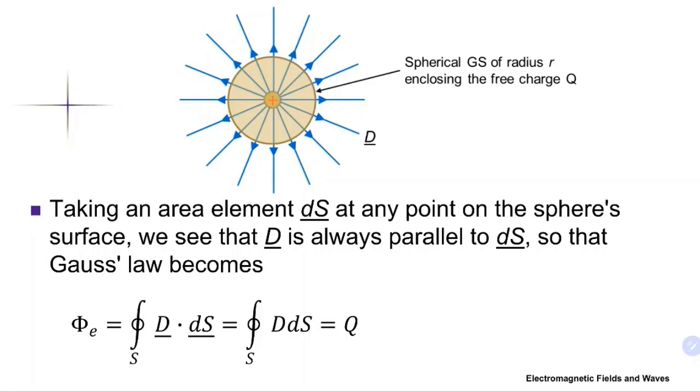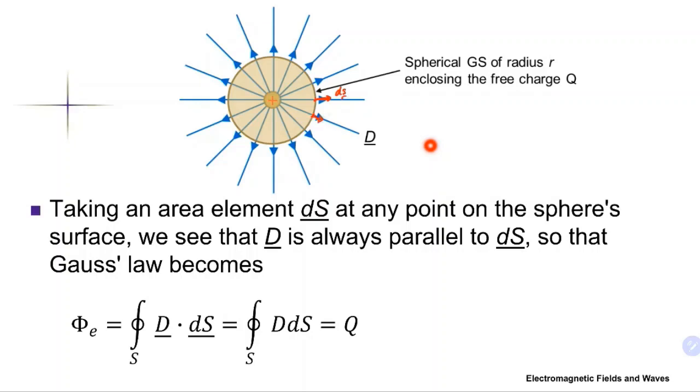And then if we take the area element ds at any point on this sphere surface, we see that D is always parallel to ds.